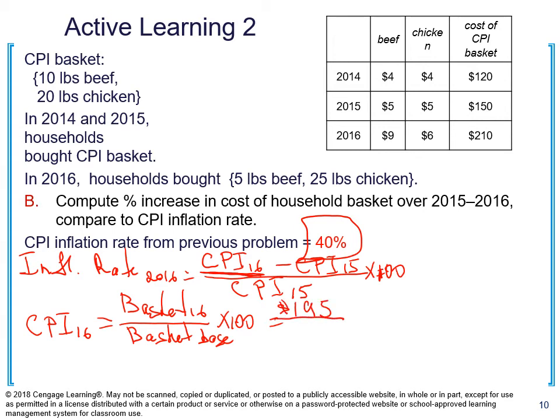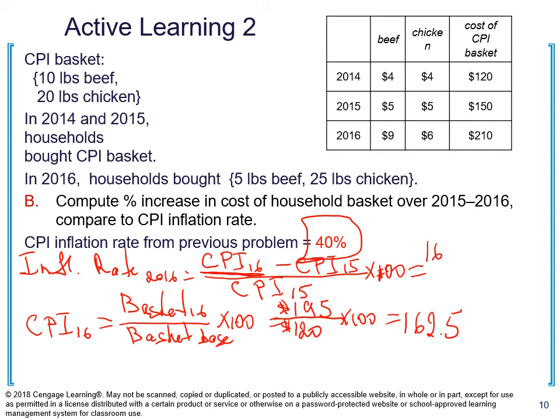The base year basket, remember, it was given to us, is still $120, multiplied by 100. And if you look at this consumer price index, it's going to be 162.5.